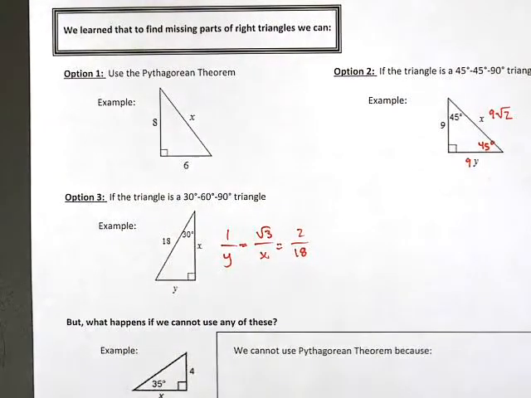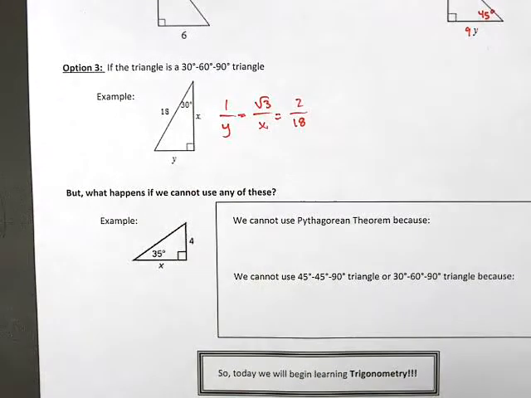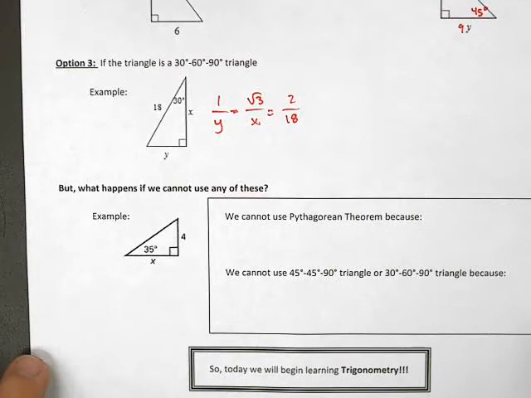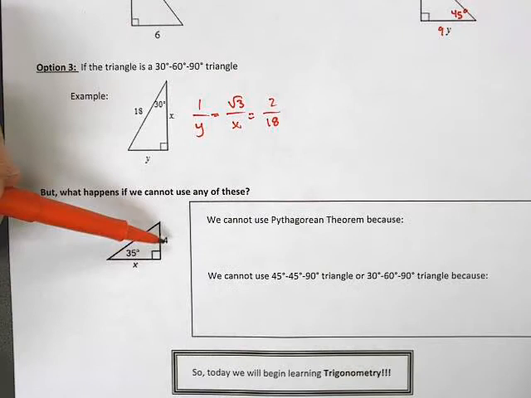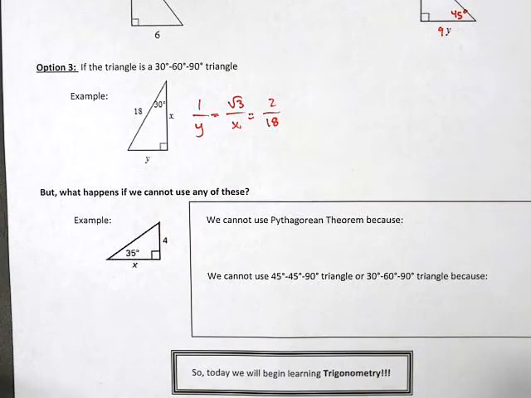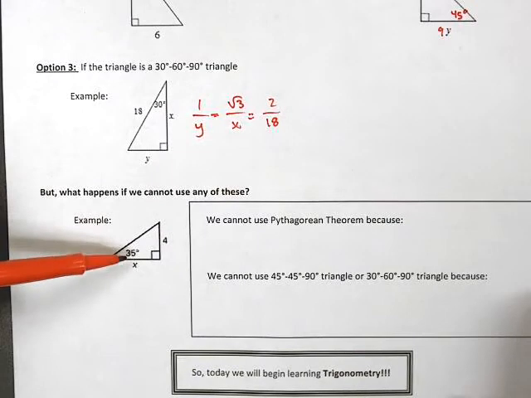Now, when we come down to the bottom, this should introduce trigonometry pretty well. All right, if I give you a picture like this, where I give you one side length, one angle that, notice, is not a 30, a 60, or a 45.